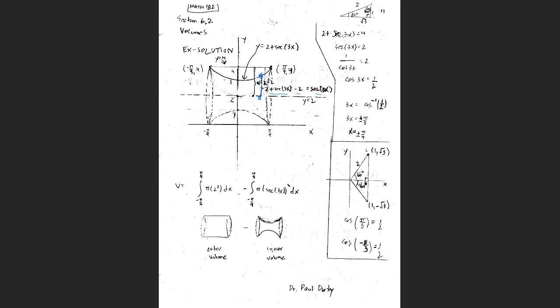And that's your radius. And so the cross-sectional area for this spool would be pi times the secant of 3x squared. And your limits go from negative pi over 9 to pi over 9.